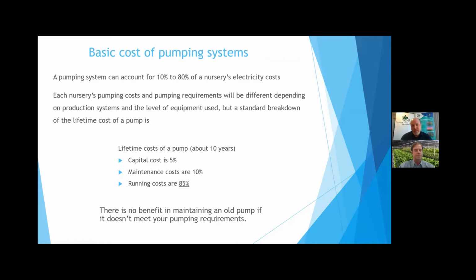So the more efficient the pump is to start with, the lower the operating cost over the life of the pump. The lower running costs usually compensate for the capital costs. So you can buy a better quality pump up front and it'll pay for itself quicker over time.